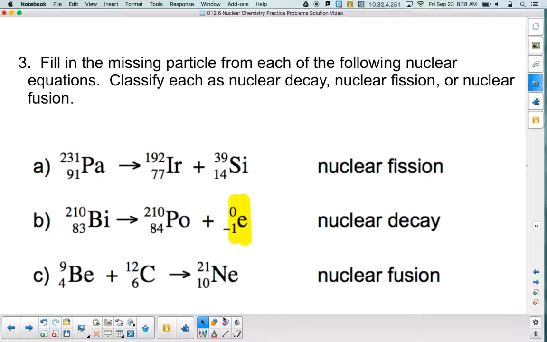That's a beta particle, and when one of your pieces is one of our radioactive decay particles, we recognize that that's a nuclear decay, a radioactive element decaying to form something new. Our last one, we have two small elements coming together to form a bigger one, and that's our definition of nuclear fusion.